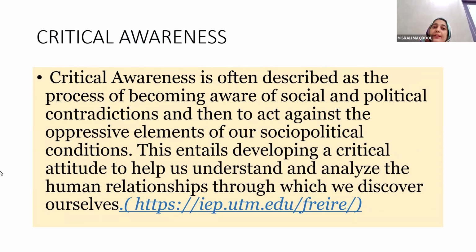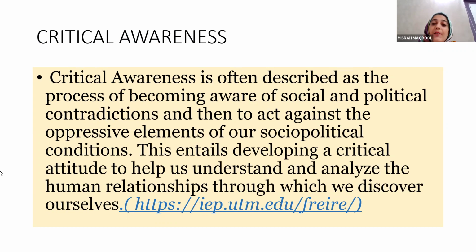So here, critical awareness. My presentation will focus on this criteria, that is, what is critical awareness? Critical awareness is often described as a process of becoming aware of social and political contradictions, and then to act against the oppressive elements of our socio-political conditions.